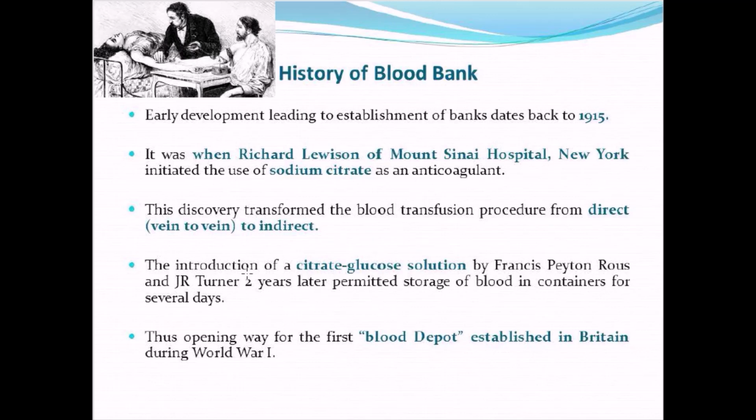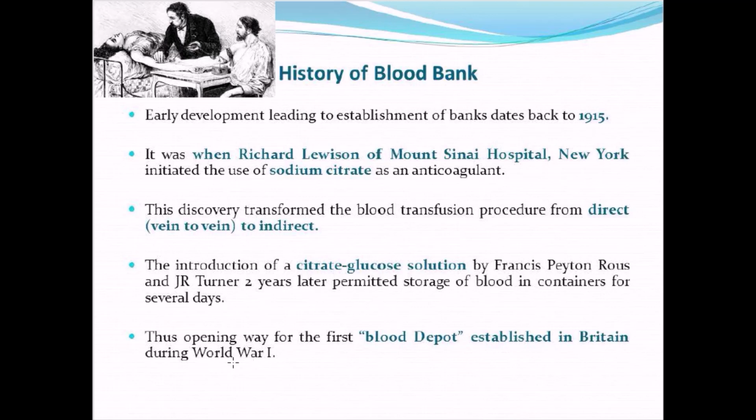Then there was also the introduction of citrate glucose solution by Francis and Turner 2 years later. And this permitted the storage of blood in containers for at least several days. And this opened the way for the first blood depot, which was established in Britain during World War One.